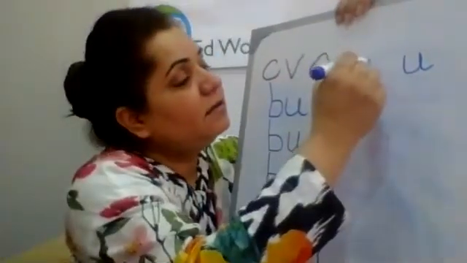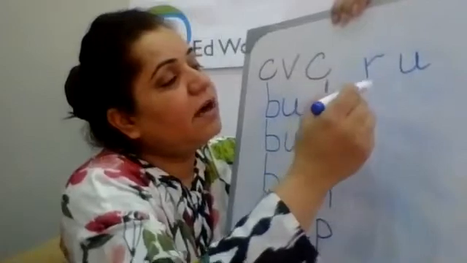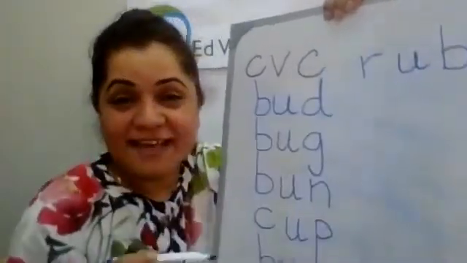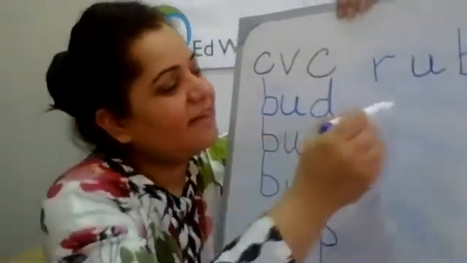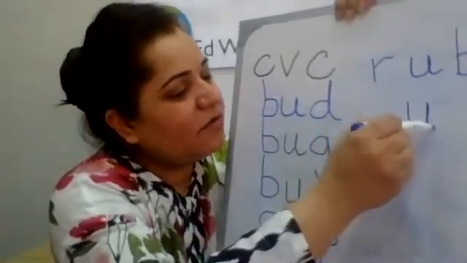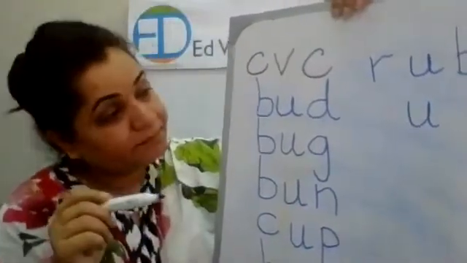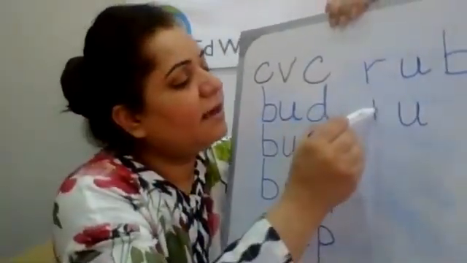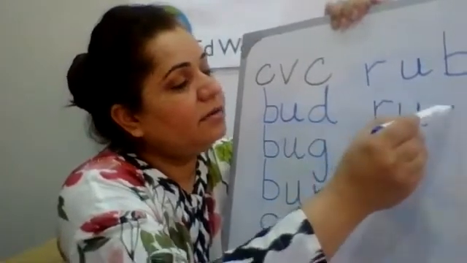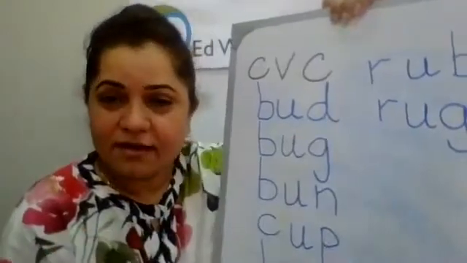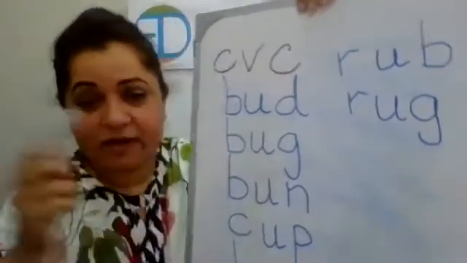Okay, R. Somebody says R. R-U-B. Rub. That's great. Okay, we have a vowel and we need two more consonants to make another word. Okay, R again. R-U. Okay, R-U-G. Rug. Very good.